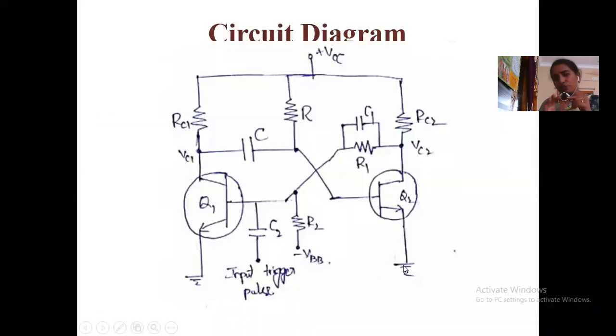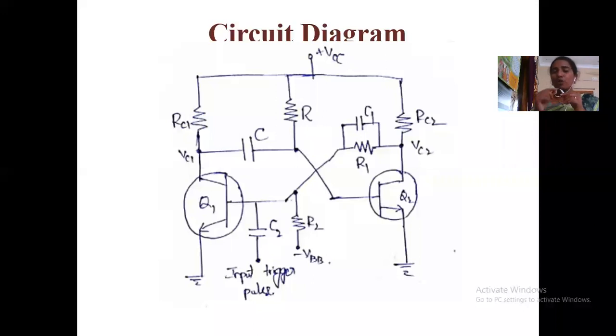Due to the supply voltage, transistor Q2 entered into the conducting state. That is, the transistor entered into the saturation region, right? So the voltage across the collector to emitter of transistor Q2 is VCE sat, that is approximately 0 volts, right?